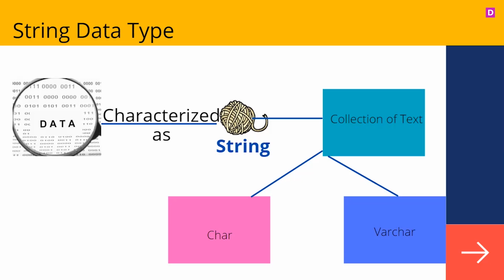As far as string data type is concerned, you have 2 categories. One is your character string type, and the other is your varchar string type. The difference between them is that with the character string type, the values of this particular data will be of a fixed length. Say, for example, you're writing character of 10.